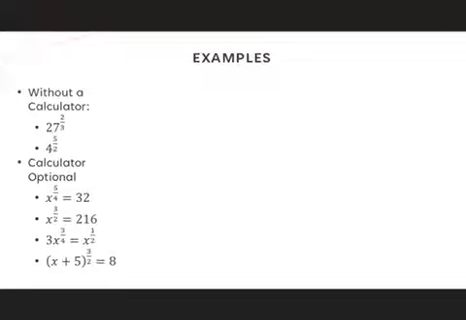Okay, now without a calculator, we can solve these. We can actually simplify a lot of these. And typically what we want to do, and this is not an always, is deal with the index first.